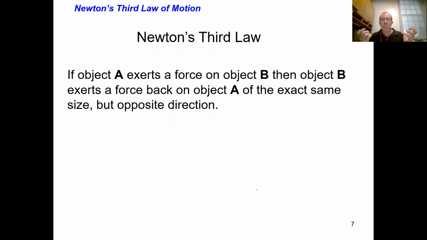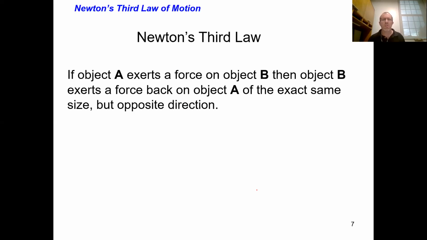This could be me pushing against John Cena. And John Cena could push back on me, and you guys will say, well, John Cena is a lot stronger than you, Dr. Houston. I'll say, yeah, he is. But still, Newton's third law says that if he pushes on me with some force, then my body is pushing back on him with the exact same size force in the opposite direction.